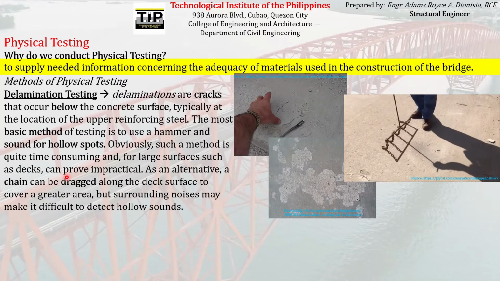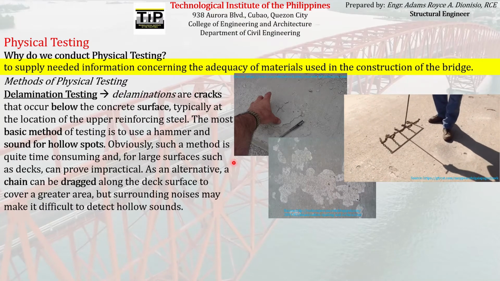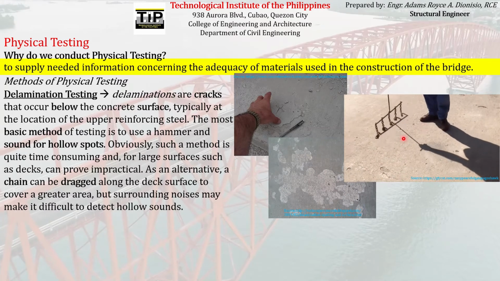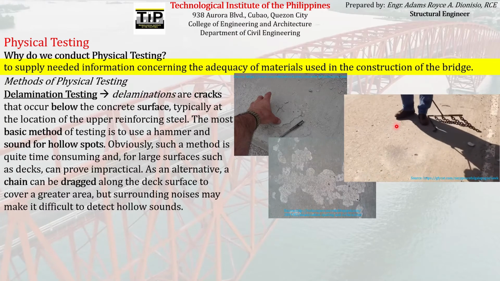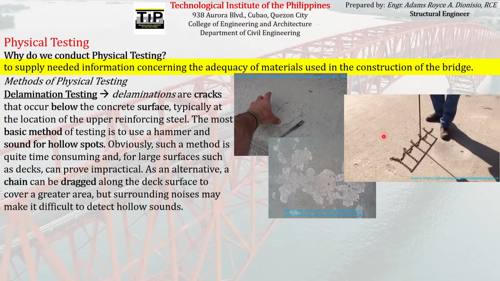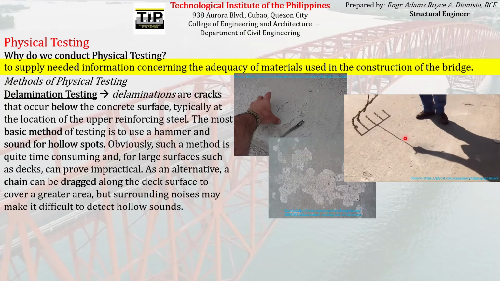So as an alternative to the use of a hammer, we usually use a chain like this one and drag it along the surface of the concrete so that we can easily detect hollow spot sounds.